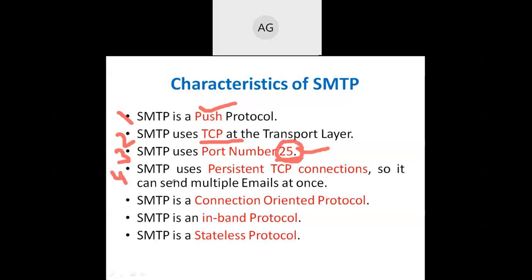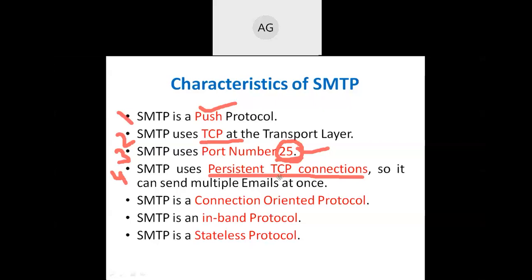Now the fourth characteristic is SMTP uses persistent TCP connection. So it can send multiple emails at once. We already discussed in our last class when we studied the HTTP protocol that there are two types of connection: non-persistent connection and persistent connection.